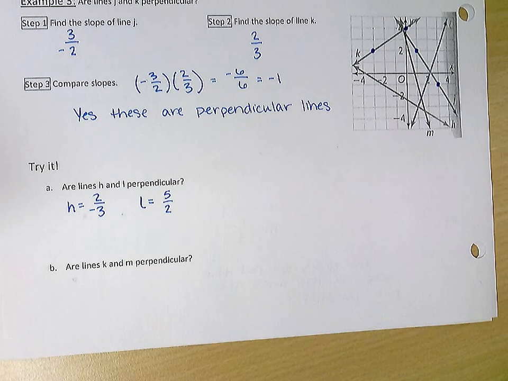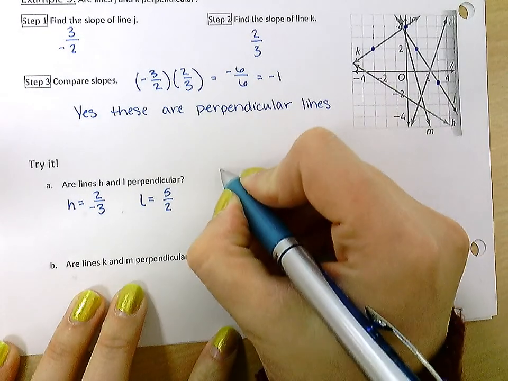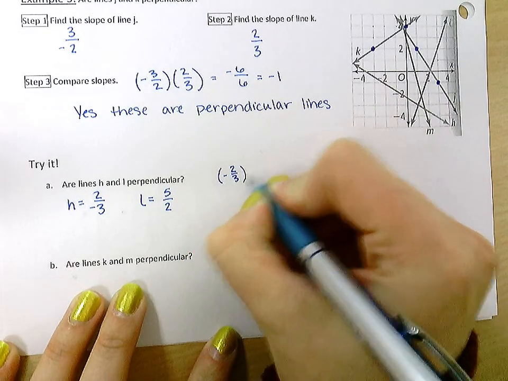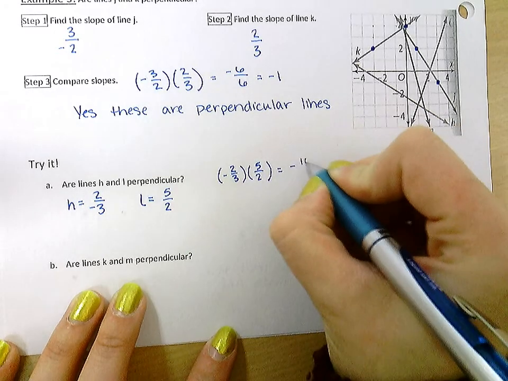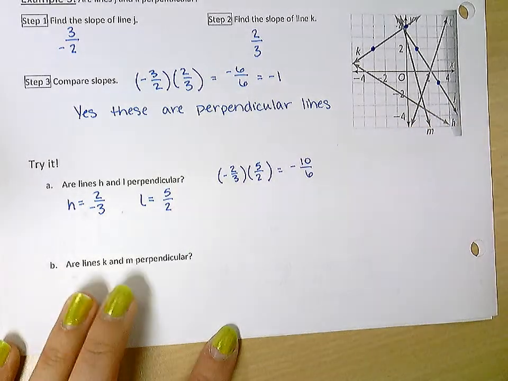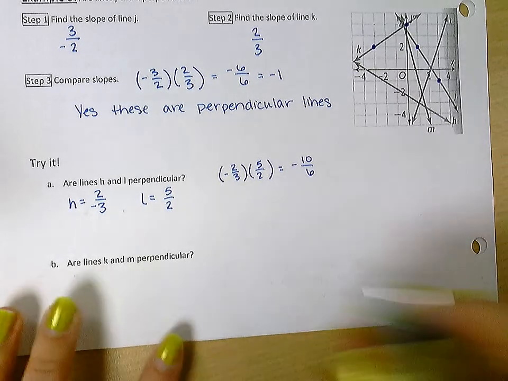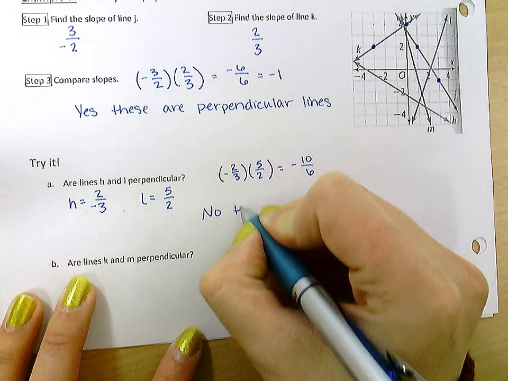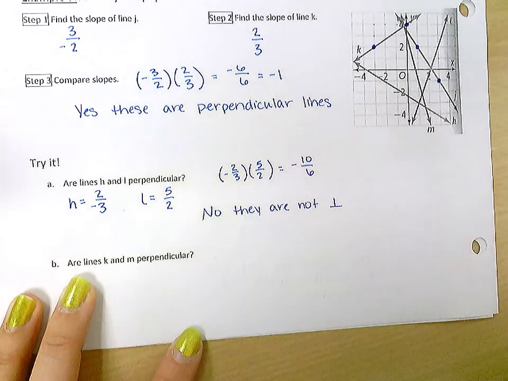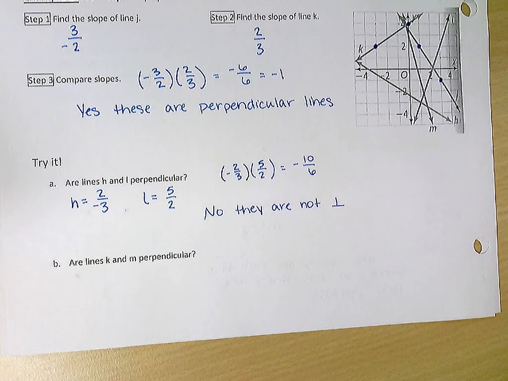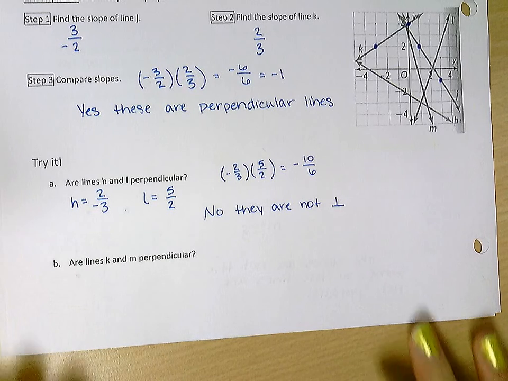Okay, if I multiply those two slopes together, do I get -1? No, you do not. So if I were to multiply -2/3 times 5/2, I'd end up with -10/6, which is not -1. So this is no. Okay, no, they are not perpendicular.